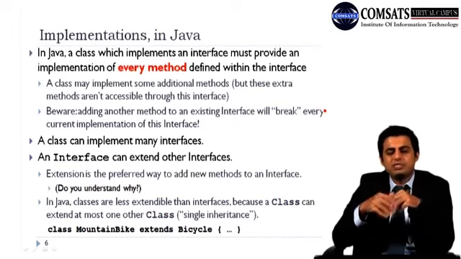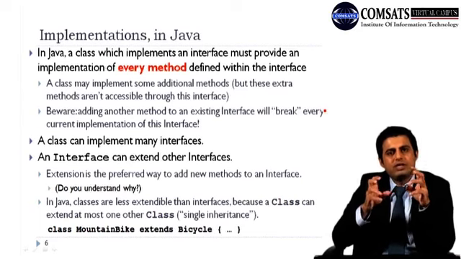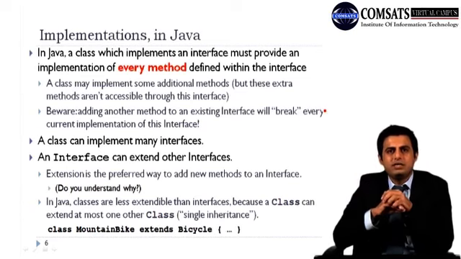A class may implement some additional methods, as I told you before, but you should always be careful that adding another method to an existing interface will break every current implementation of the interface. You should not add any other method to the existing interface.